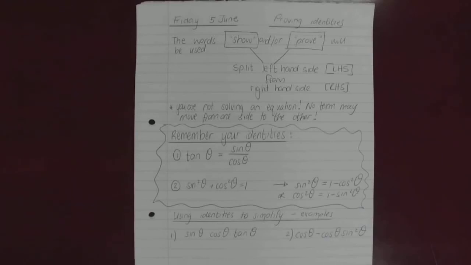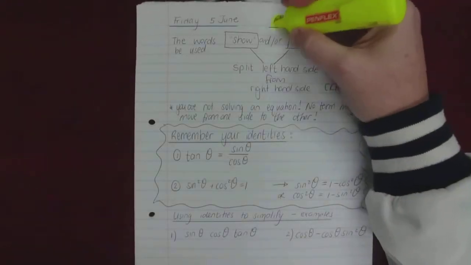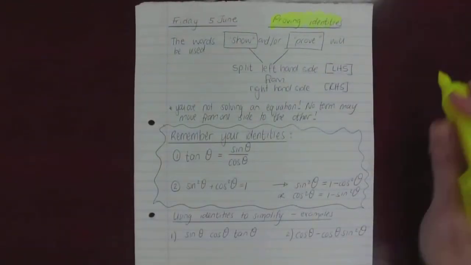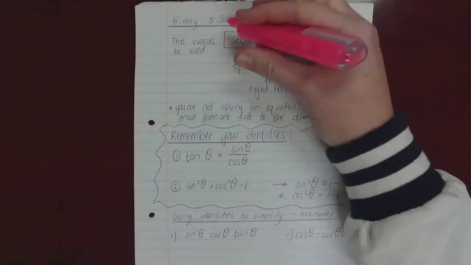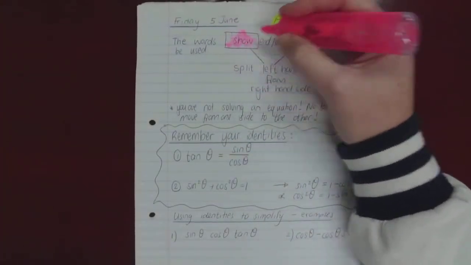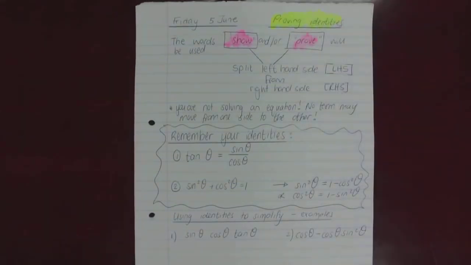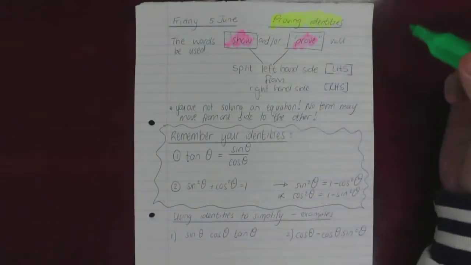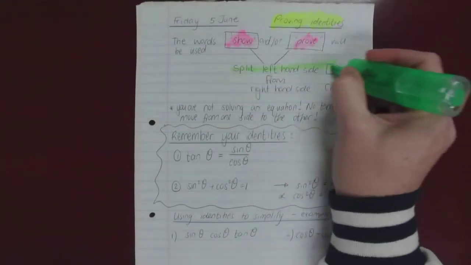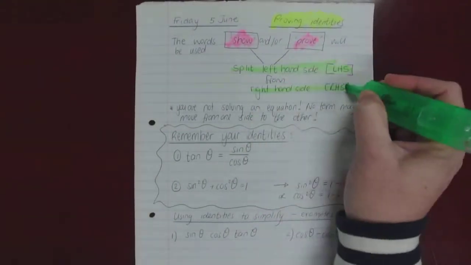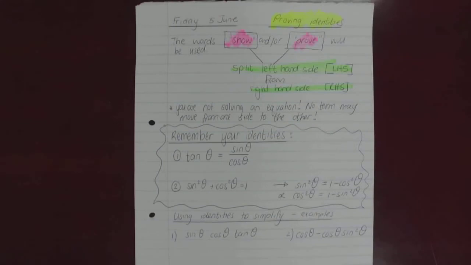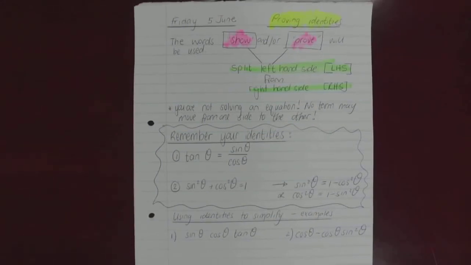So today we're going to do the very last little bit of trig work without using a calculator, and we are going to look at proving identities. Remember, whenever they say show or prove, you are going to split the given equation into a left-hand side and a right-hand side.